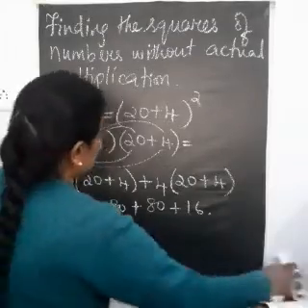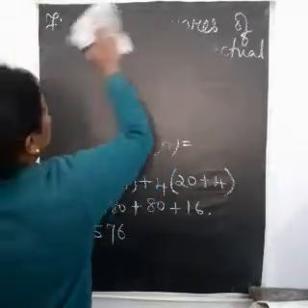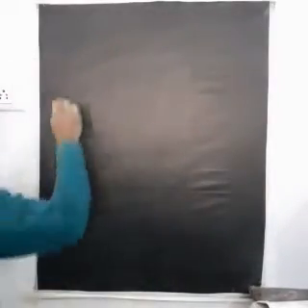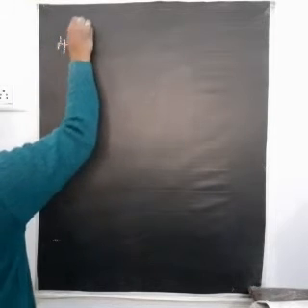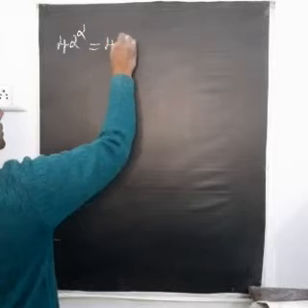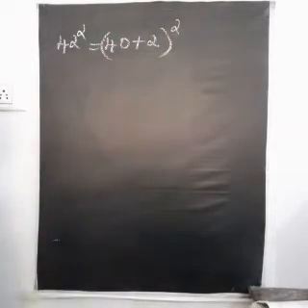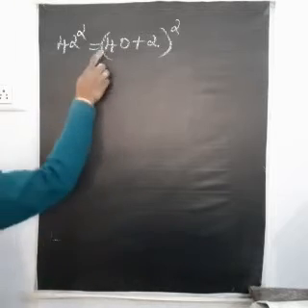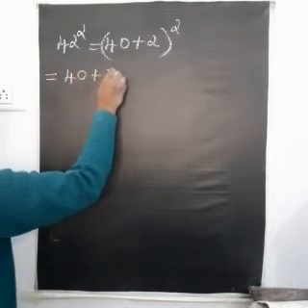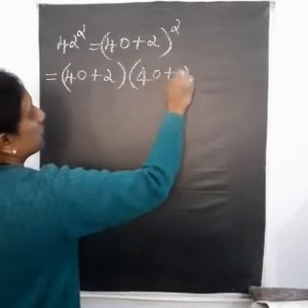Supposing we have a number 42 squared. Now what is 42 squared equal to? 40 plus 2 the whole square. Correct? So what is 40 plus 2 the whole square equal to? 40 plus 2 into 40 plus 2.